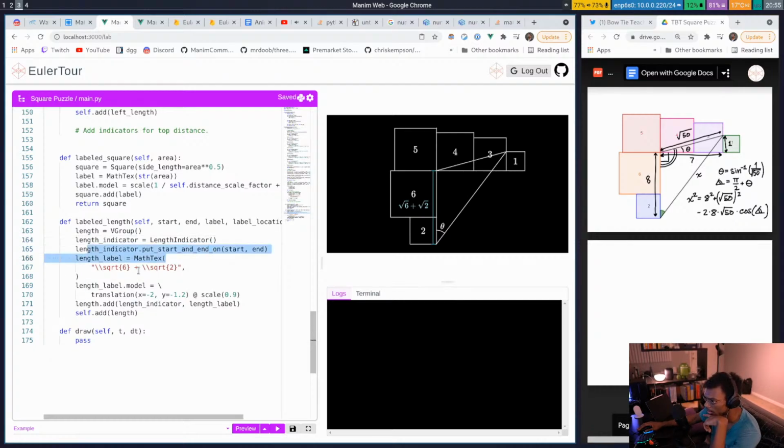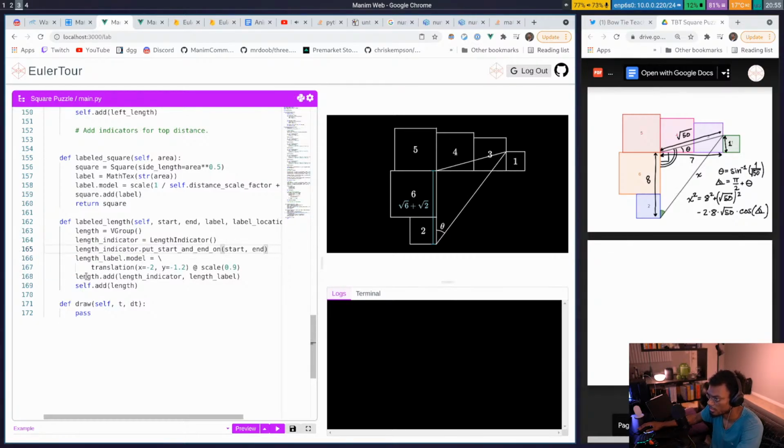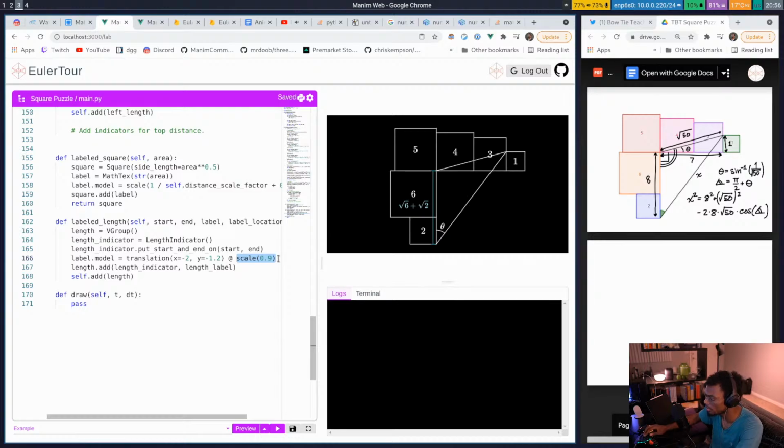I can just do this. The label is already handed to me. So I just want to do label dot model equals this translation times whatever it already was.